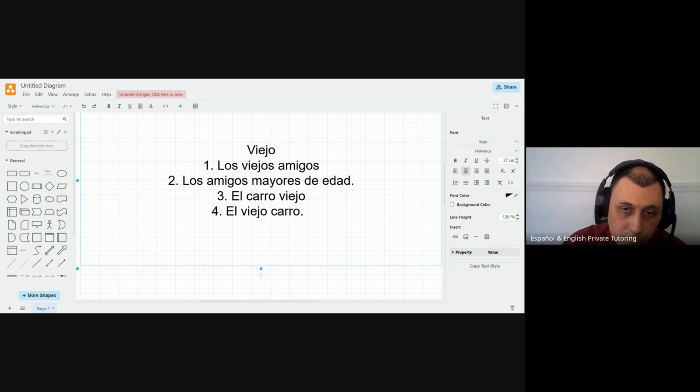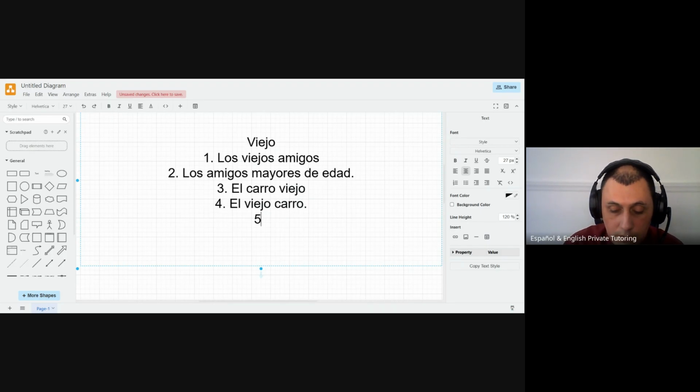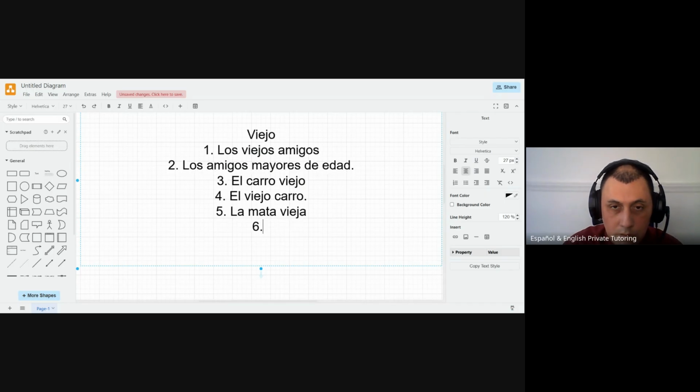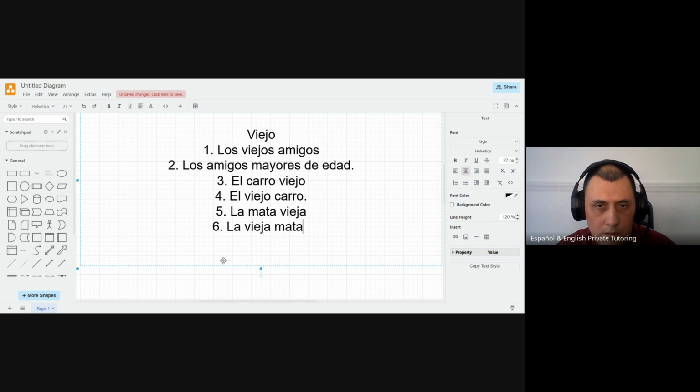Now, I'm going to give you another one here. La planta vieja. Sí, es la mata vieja. La mata vieja. La vieja mata.